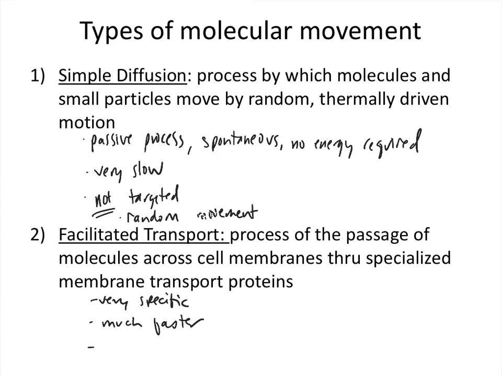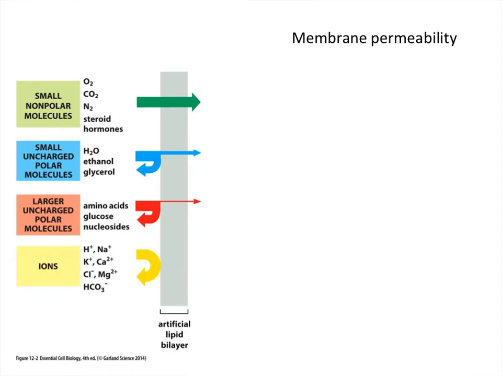This process, depending on the particular membrane protein, may be active, meaning it requires ATP, or it can be passive. Again, it depends on the type of membrane protein. When I say membrane transport proteins, what I mean are channel proteins and protein transporters.